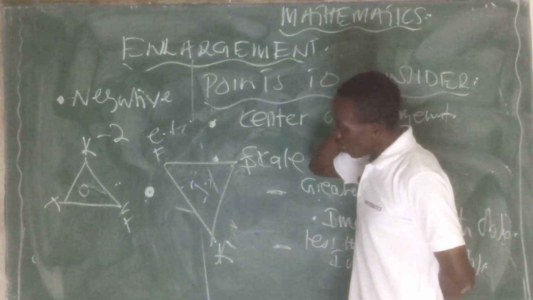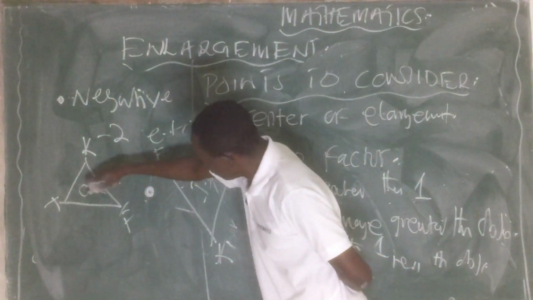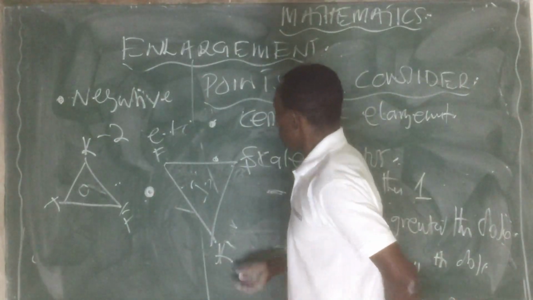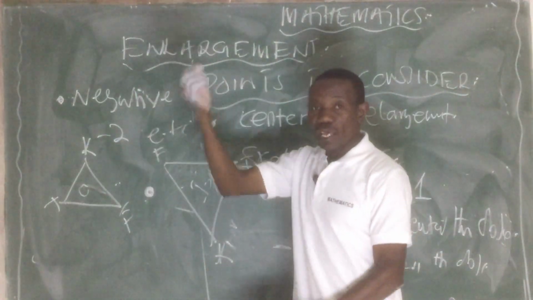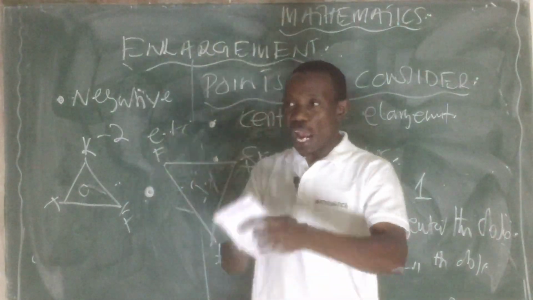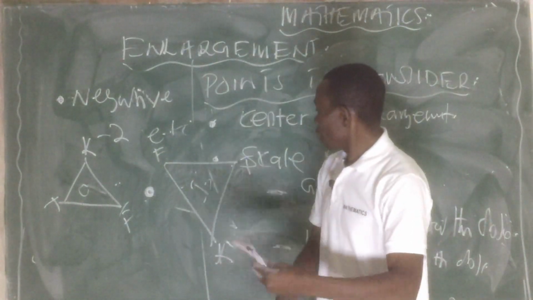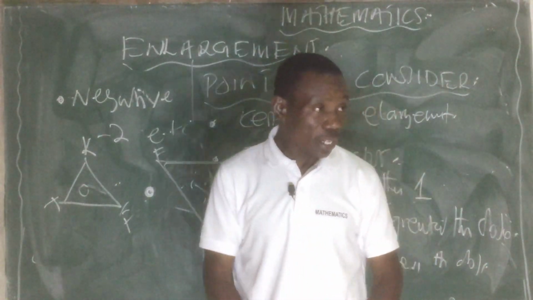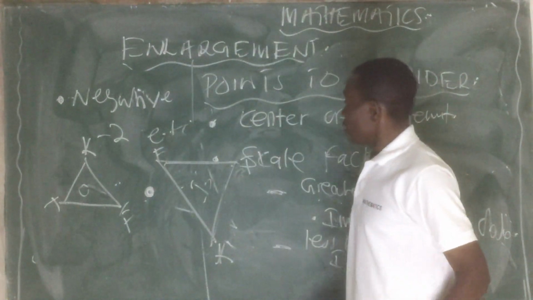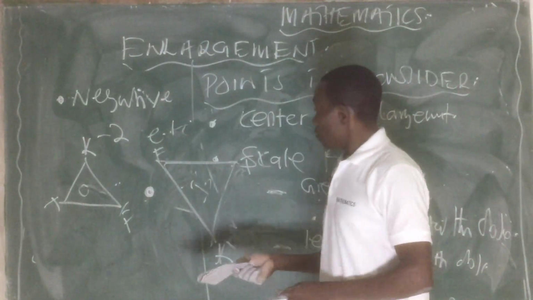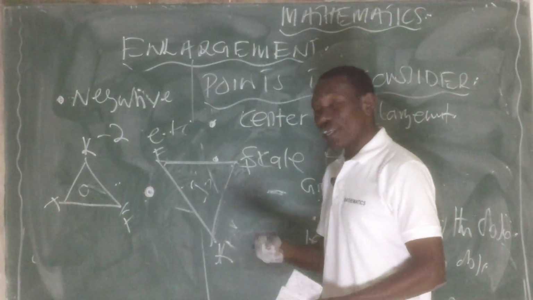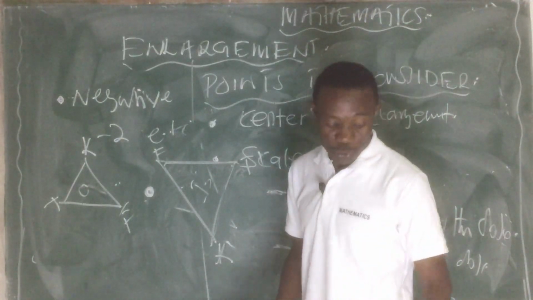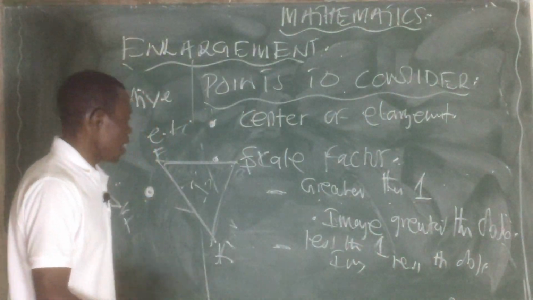And lastly, apart from having the center in between the object and the image, for the negative factor, you should also expect the image to be upside down. The points which I've just highlighted here can be revisited by replaying this video now and again, and try to understand what statement I'm trying to produce here and how worthy they are in our discussion.